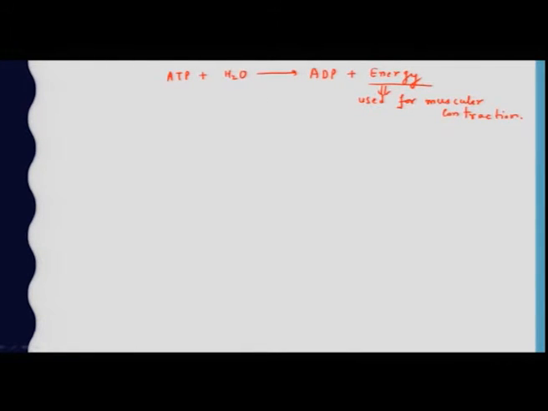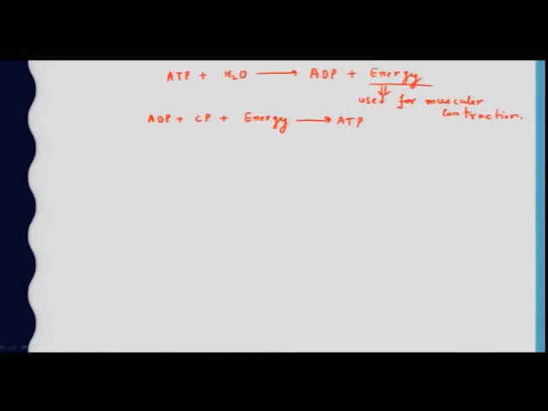In order for the muscle cells to continue to be supplied with energy, this ADP must be converted back to ATP. This is accomplished by three possible mechanisms, one of which involves CP, creatine phosphate, in the cell according to the following reaction that I am writing here. ADP plus CP plus energy gives you ATP.